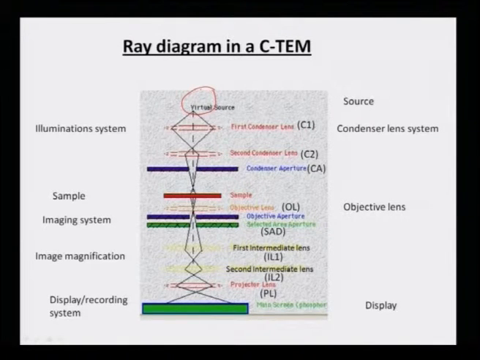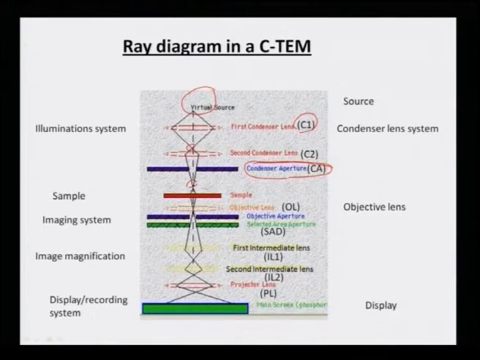Then from the source, the electron beams are focused by a first condenser lens to a very small focused beam, and that focused beam can be defocused initially by a second condenser lens, and also focused later on in the sample. Normally, in an electron microscope we put a lot of apertures to select a particular electron beam. The condenser aperture is one such aperture, which can control the beam size.